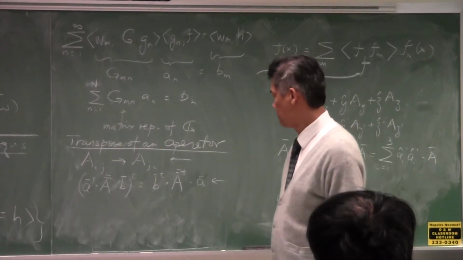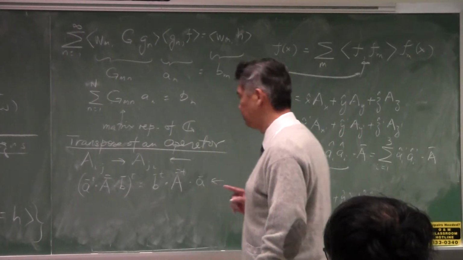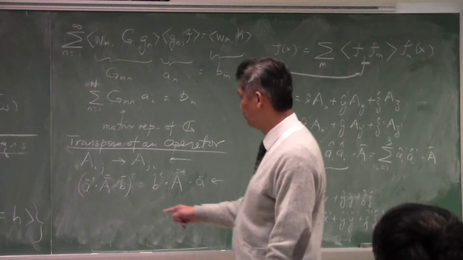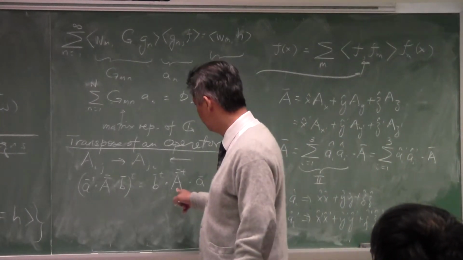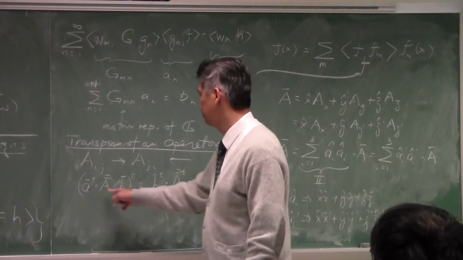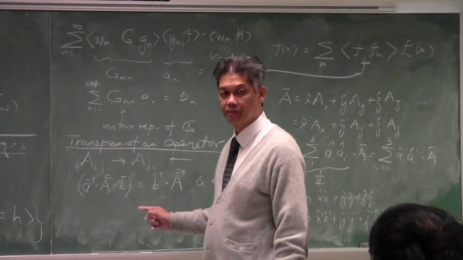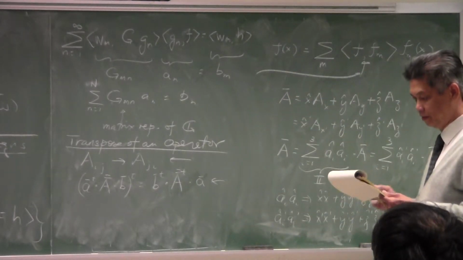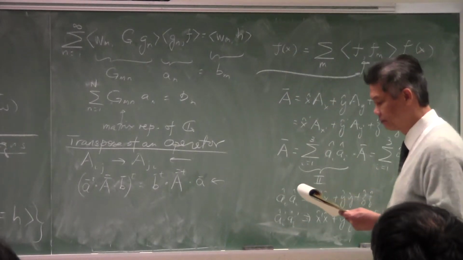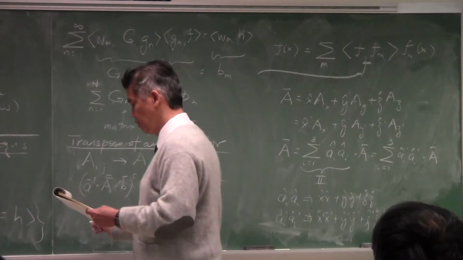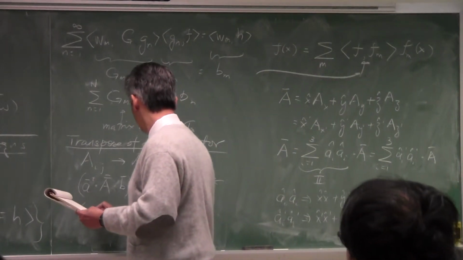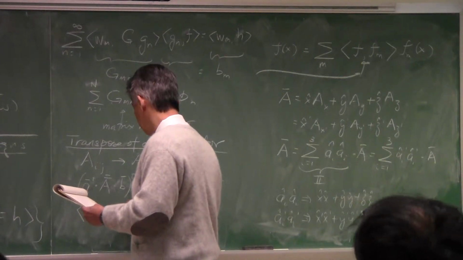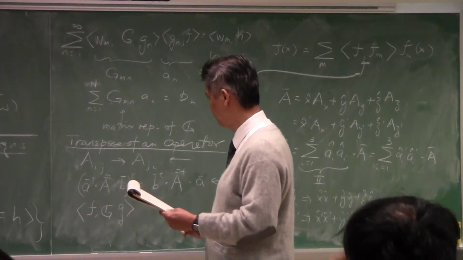So the transpose of a matrix operator is an operator that satisfies this relationship. You can extend this transpose definition to infinite dimensional Hilbert space, so that the transpose can be defined via this equation using inner products.